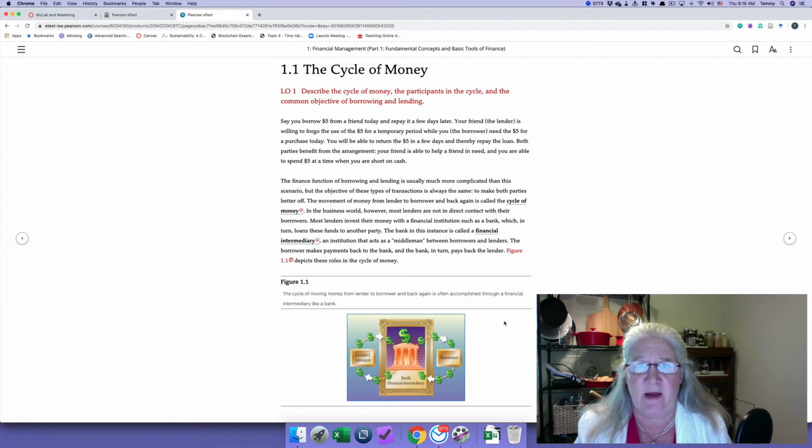But as this chapter proceeds, it becomes more and more apparent that money is a product that has a price, right? So when you are borrowing and lending money, you are essentially buying and selling money at a price, and the price of money is interest.